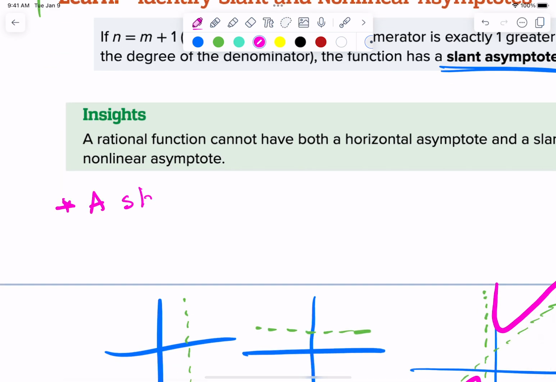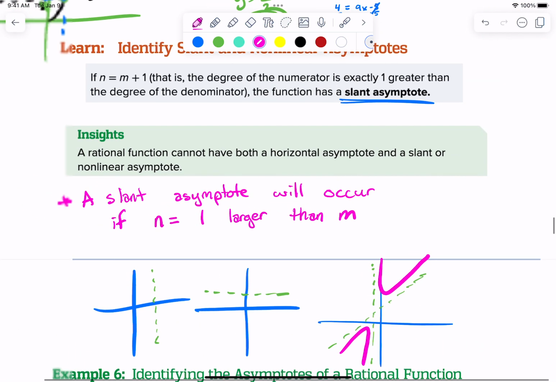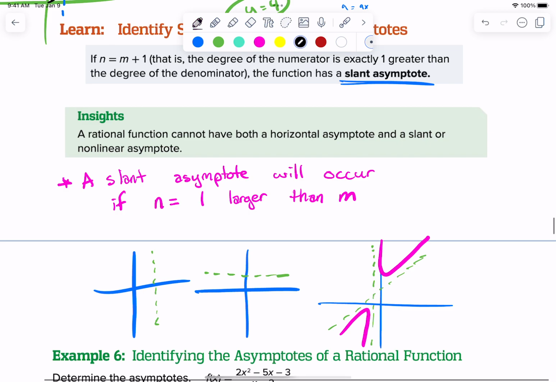A slant asymptote will occur if n equals 1 larger than m. Okay? If n is 1 larger than m, for example, if I have x squared plus 3x plus 6 over x minus 1.